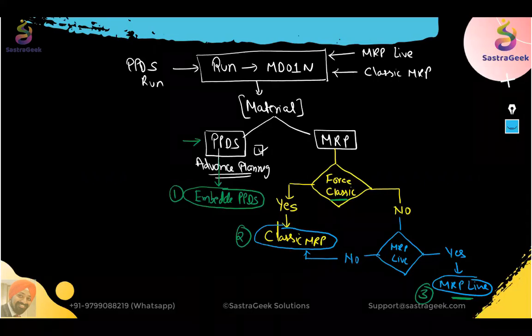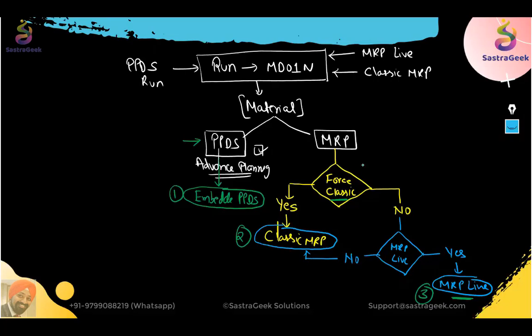Parminder, this is Vic. I had a quick question. The force classic decision tree, where is that basically flagged? Because PPDS is straightforward, it's probably on the material master, like you said. But if that is not ticked, then how does the system know whether it's going to be classic MRP or MRP Live? Is there some kind of indicator for that?